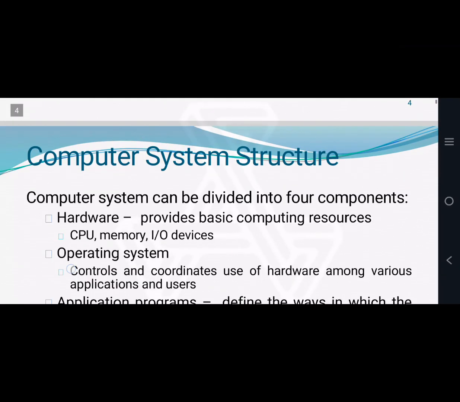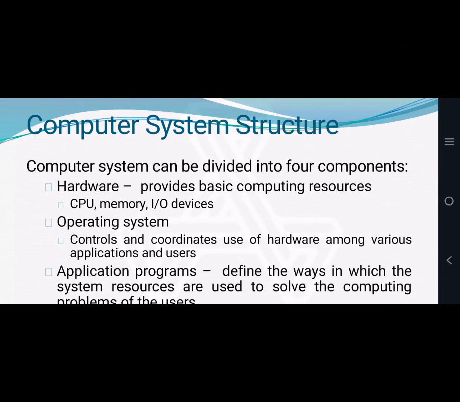Computer system structure. A computer system can be divided into four components. Hardware provides basic computing resources: CPU, memory, I/O devices. The operating system controls and coordinates use of hardware among various applications and users.